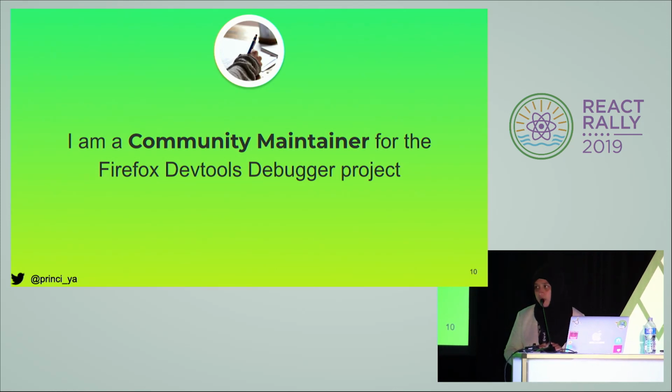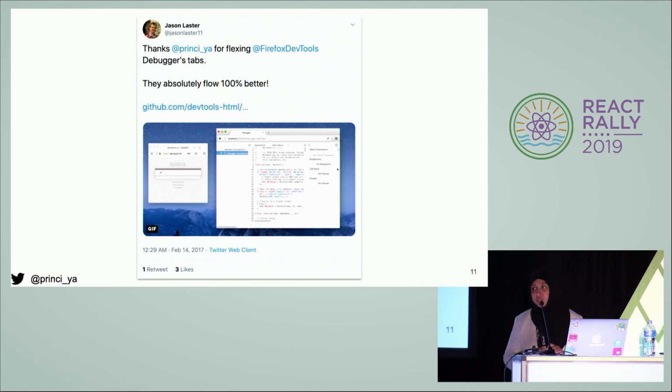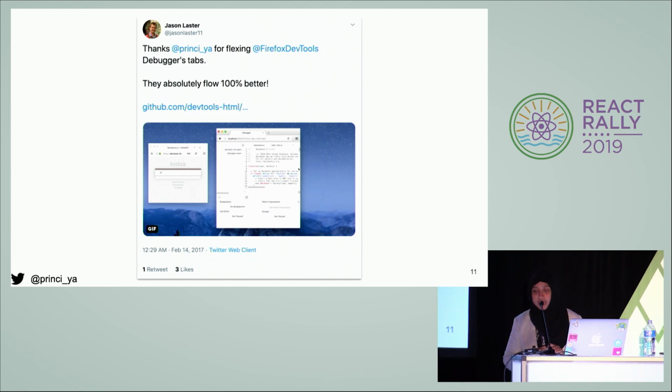Speaking about today's project, I am a community maintainer for the Firefox DevTools Debugger project. In early 2017, I landed my first pull request to the debugger project. And back then, it made me really happy because this was my first pull request into open source.